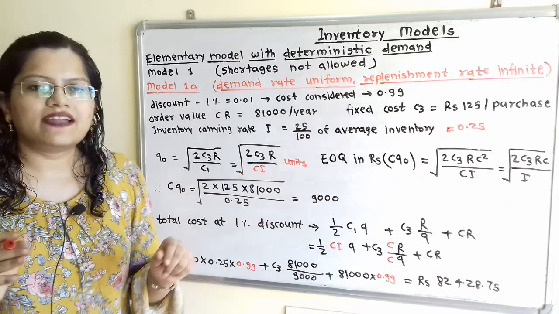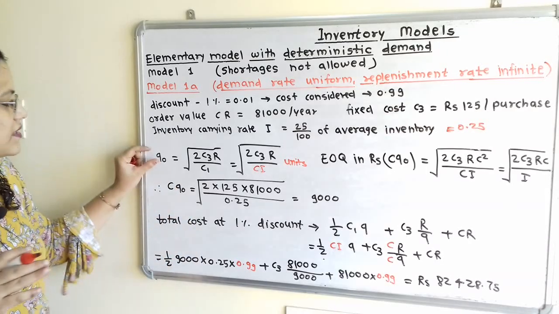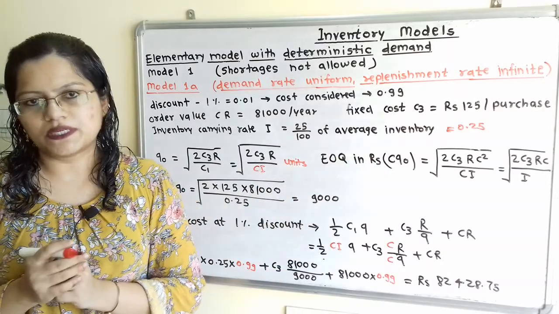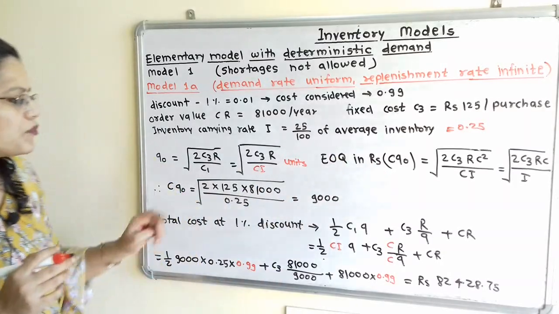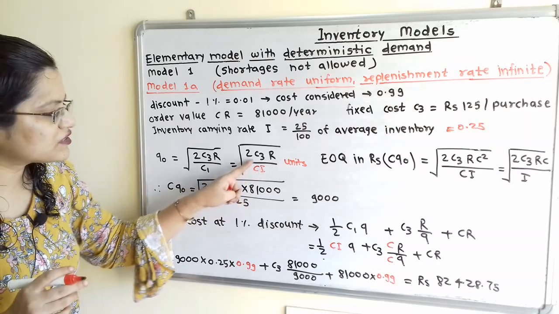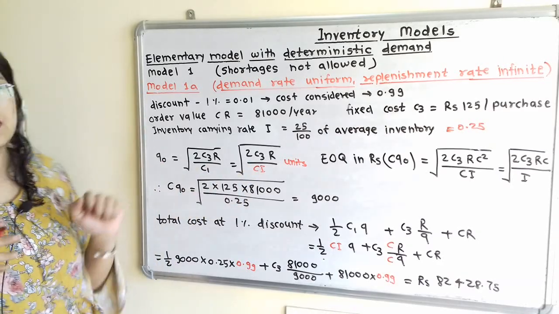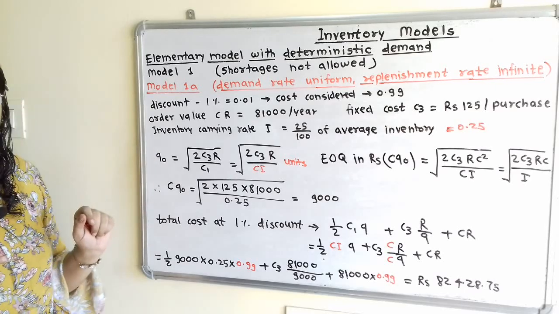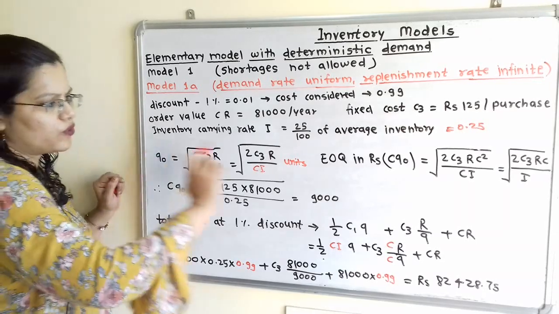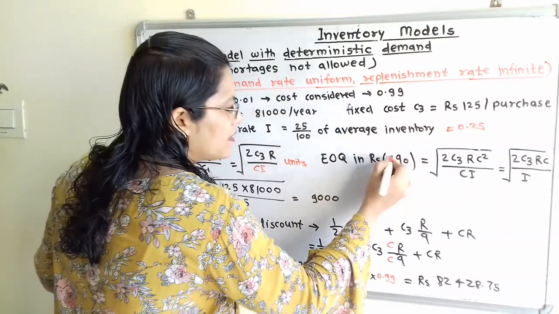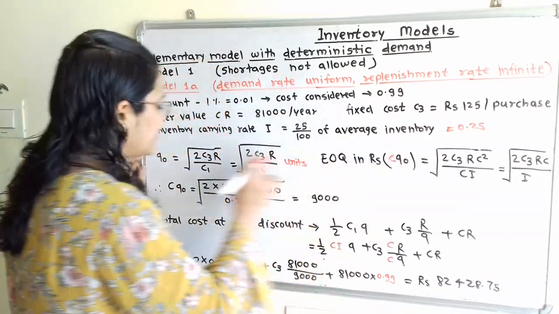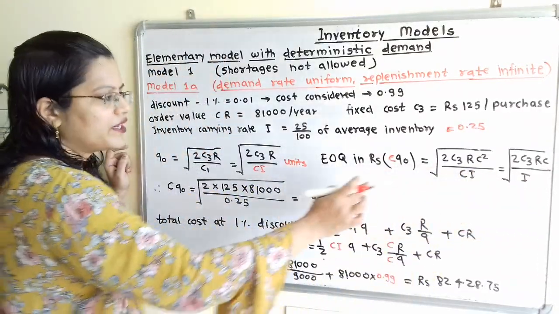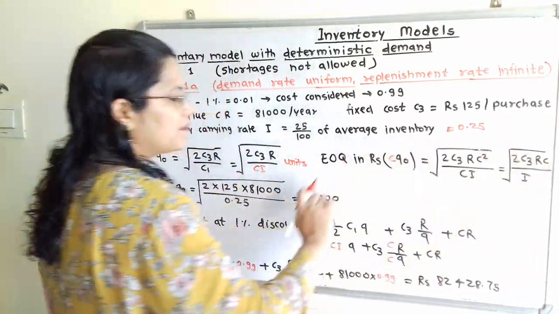Now we will write this optimal lot size, that is economic order quantity, in rupees. Why write this in rupees? Because this purchase cost C is not mentioned in the question. So we will multiply here with C, that is C into Q0. If I multiply with C into Q0, then this Q0 in units will become rupees. So whatever the formula is will become in rupees.